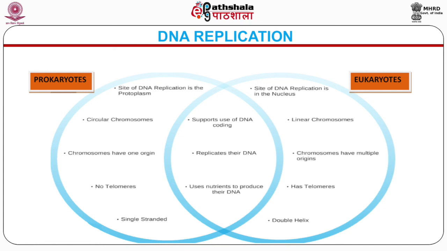So a replication bubble is the point where there is a local melting of the DNA, and the DNA gets separated into 2 different strands. In eukaryotes this doesn't initiate at one place, but originates at multiple places, and we call it firing of replication bubbles, because it looks like a bubble, as it swells up and the two strands get separated. So this is another very important thing: there are multiple replication origins in eukaryotes as compared to only one in prokaryotes.